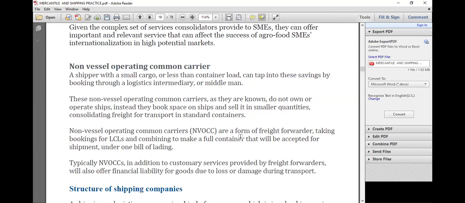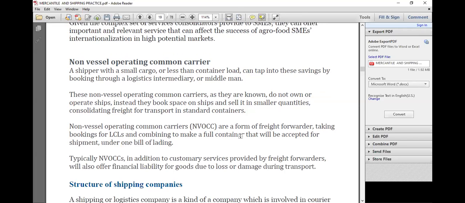So the shipping line gives an NVOC provider a master BL, while an NVOC provider gives a shipper what's called a house bill of lading. So NVOCs are a form of freight forwarders taking bookings for LCLs and combining them to make a full container load that will be accepted for shipment under one bill of lading.